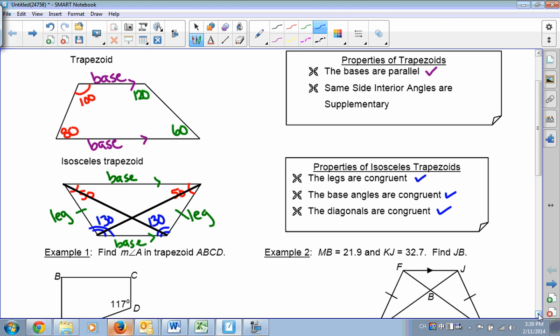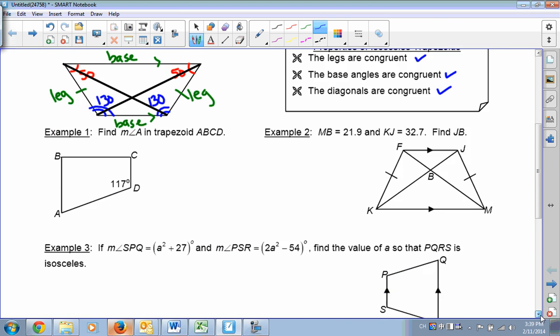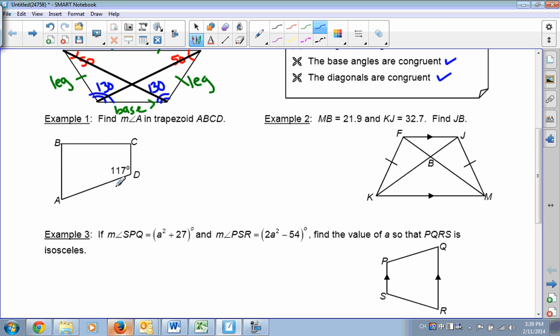So now we're actually going to look at some problems. The first one involves the angles of an isosceles trapezoid, but check out this trapezoid. It's laying on its side, isn't it? Because this is a base and this is a base, because those are the parallel sides. So we're given that angle D is 117 degrees, and we're looking for the measure of angle A. So we're looking for that angle.